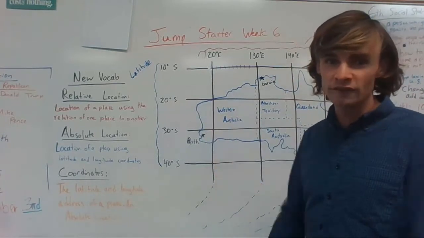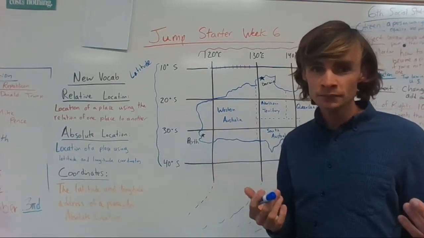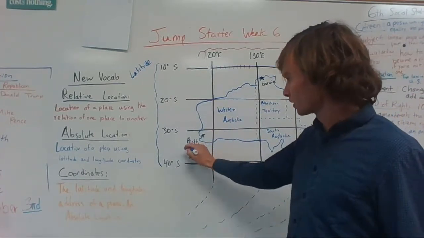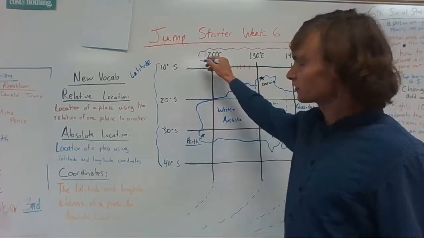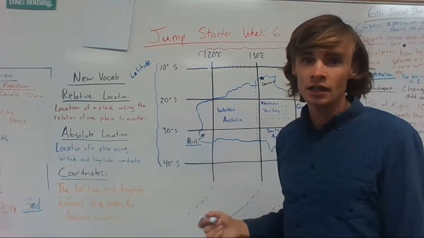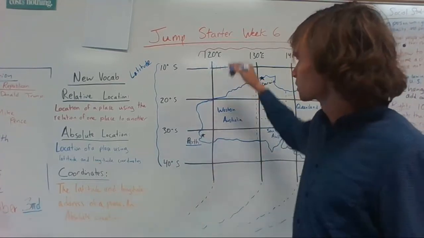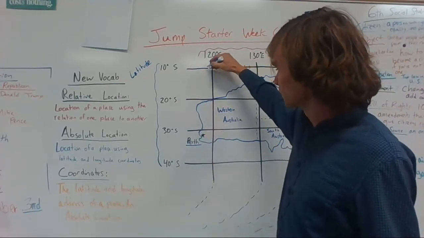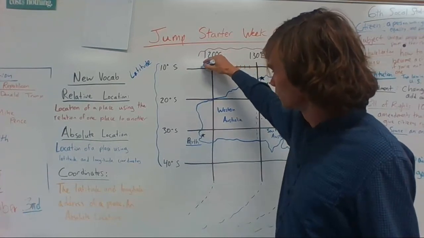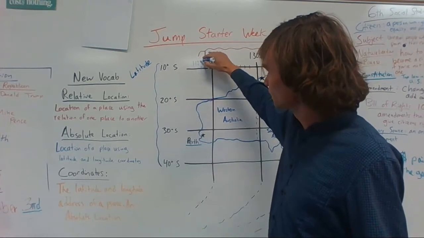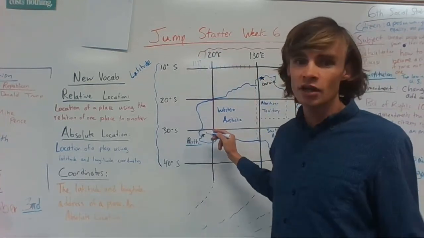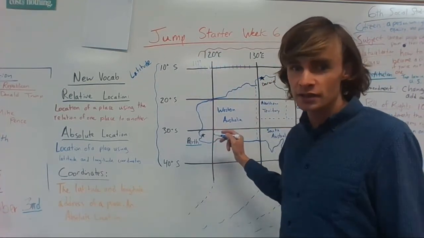So for example, if I wanted to estimate the coordinates of Perth, Australia, I would need to go to the left of 120 degrees east, so I would need to count down. So I would count here, that would be 119, 118, 117. So I could count that as 117. And then I would need to go below 30 degrees south.